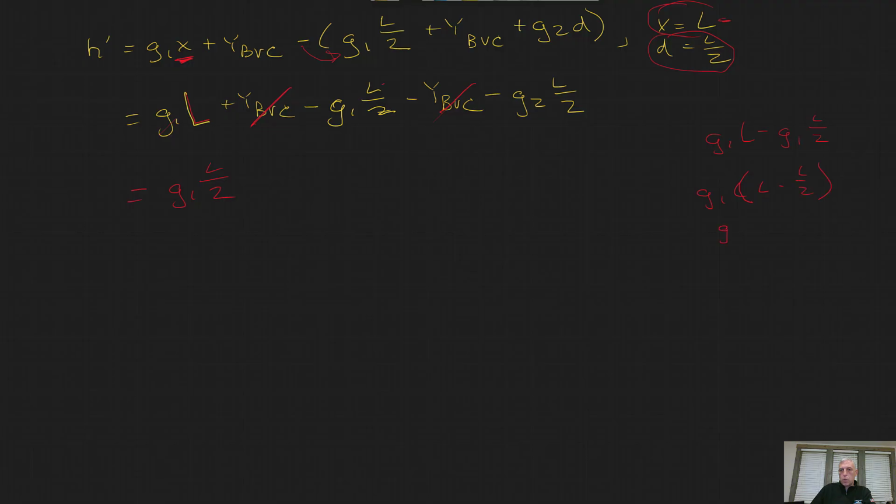Well, that's g1 L over 2, right? Okay, so still just simplifying this set of terms. The y BVCs go away. We've dealt with that. All we're left with is this. So g1L over 2 minus g2L over 2. All of that to get something that simple. Okay. And all of that is equal to h prime.